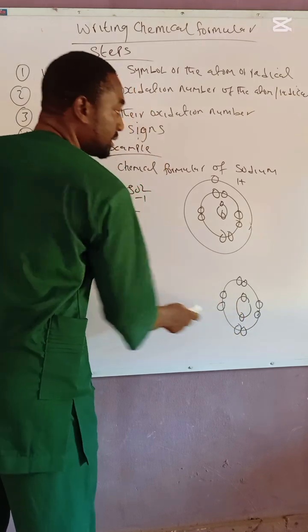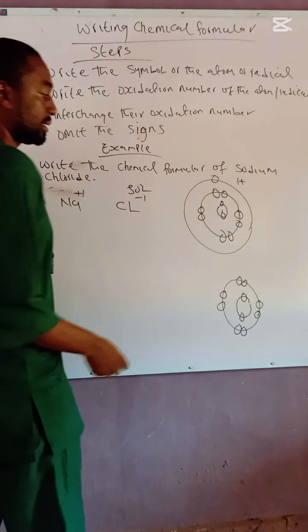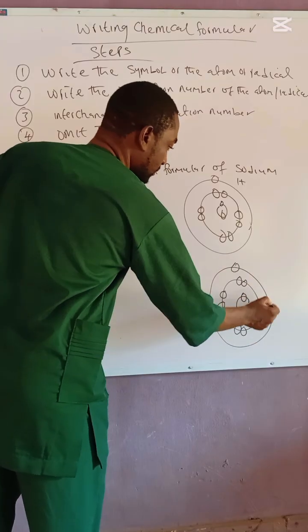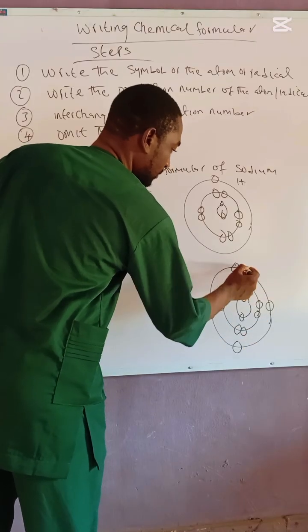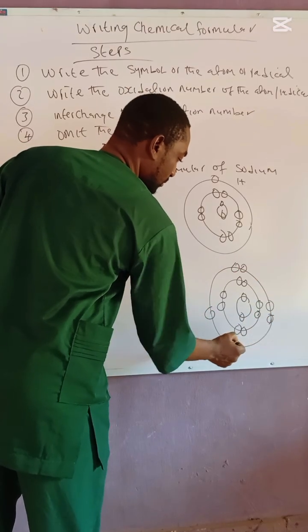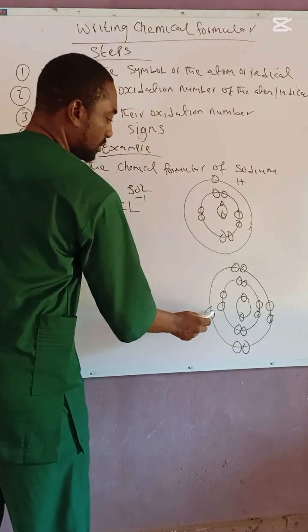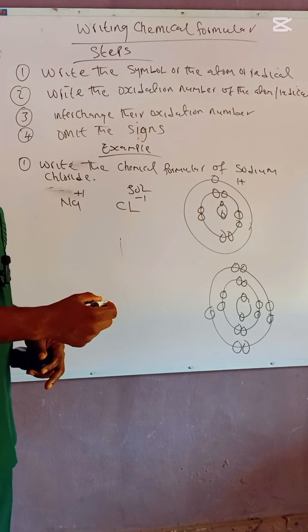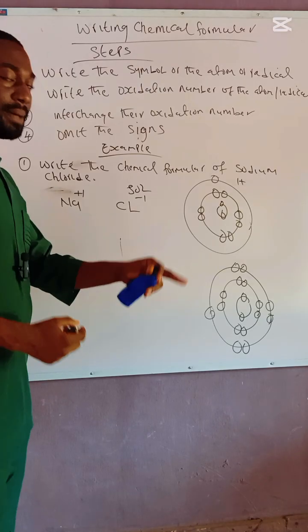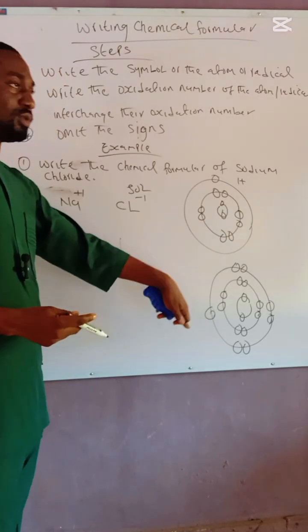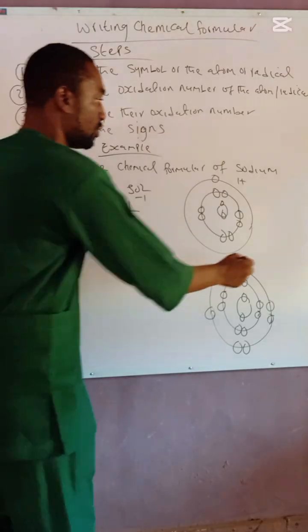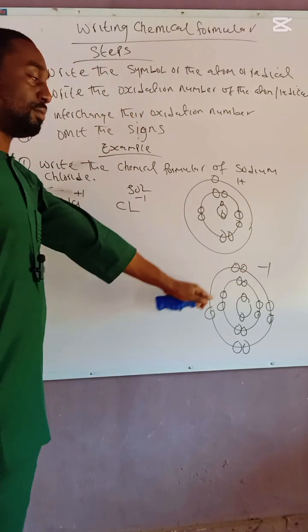Remaining 7. Remainder 1. So if you remain 1, that means oxidation number na minus 1 because you remain 1 to complete 8. So oxidation number na minus 1.